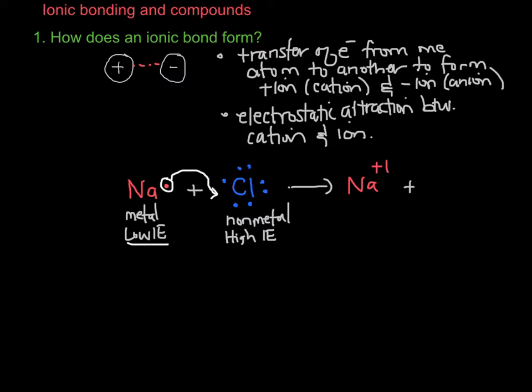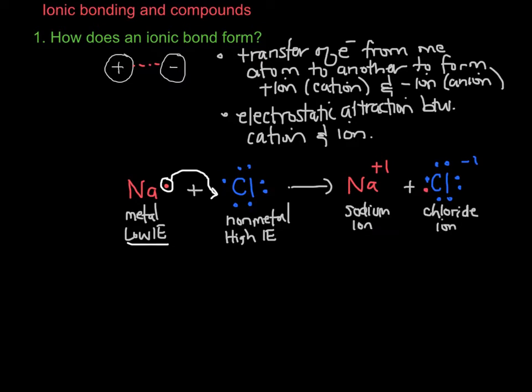And we get a chloride ion. If we draw the Lewis dot structure for what just happened to chlorine, it picked up sodium's extra electron, and now it has a -1 charge because it just picked up an electron. So we've got a sodium ion and a chloride ion.